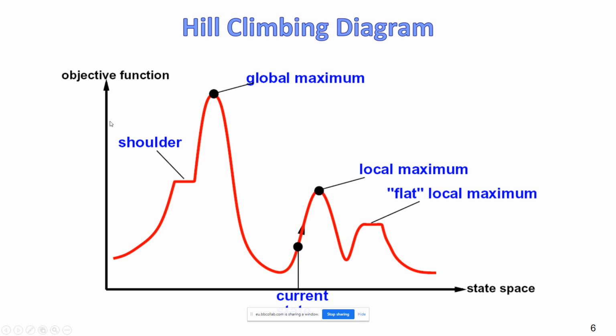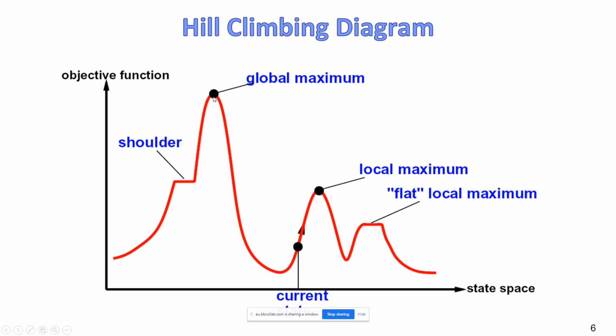In hill climbing, let's assume that we want to get the maximum of the objective function given the state that we are in. If we look at the relation between the state and the objective function, we can draw it as a curve like that.